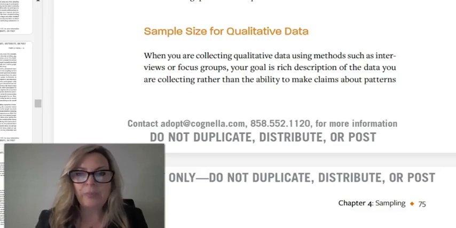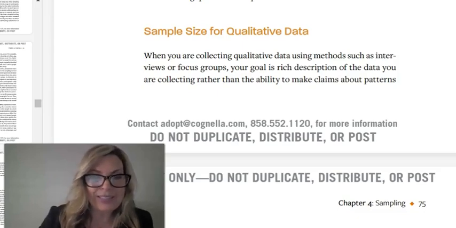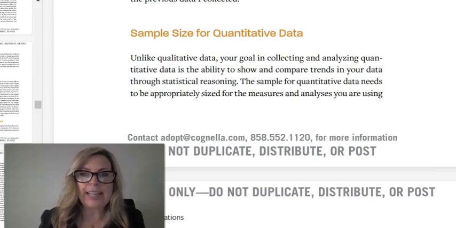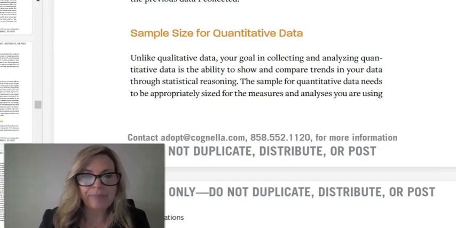So you can see here, your goal with qualitative data would be rich description rather than the ability to make claims about patterns or trends as you would when you collect quantitative data. So unlike qualitative data, your goal in collecting and analyzing quantitative data is the ability to show and compare trends through statistical reasoning. And so this is definitely something to consider.